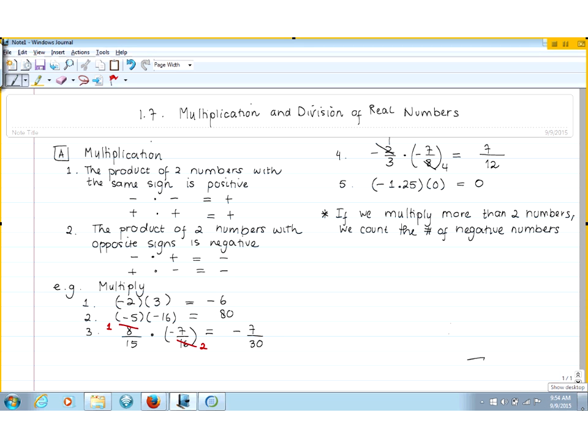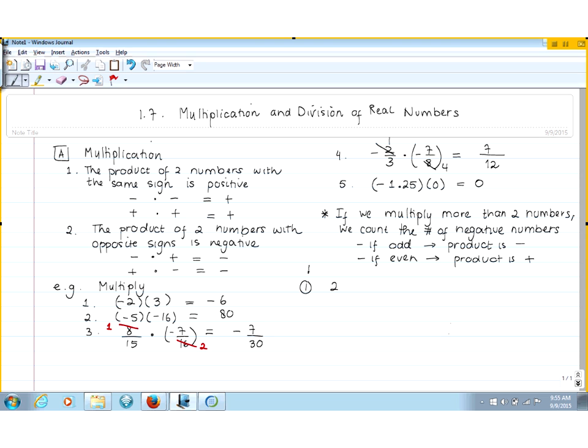So we count the number of negatives. So for example, if odd, then the product is negative. If even, then the product is positive. Alright? So the even ones cancel each other, the negatives cancel each other.